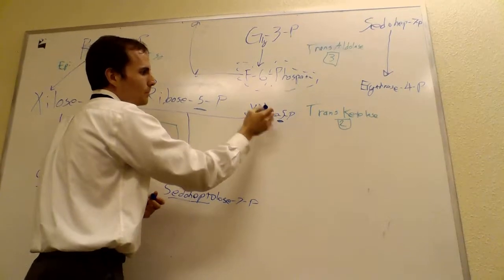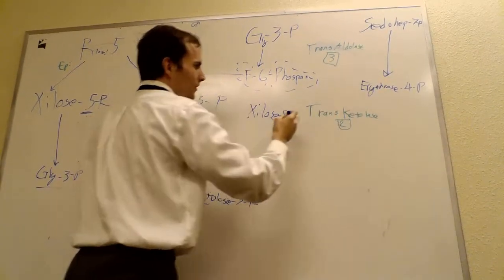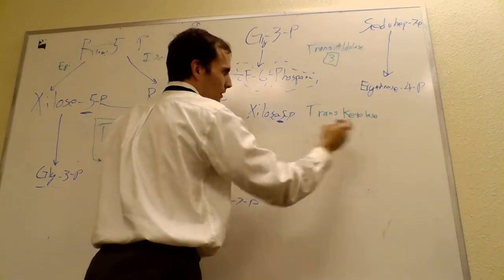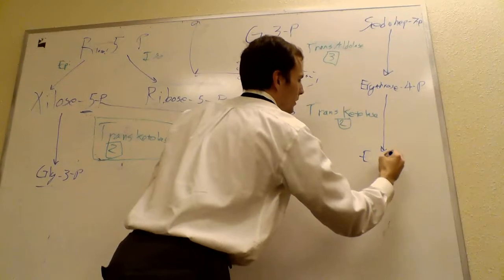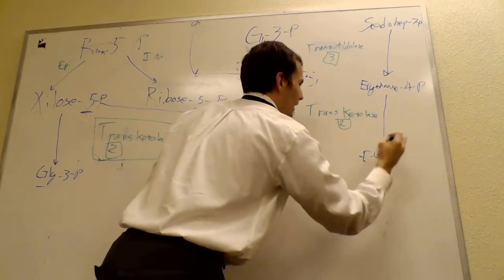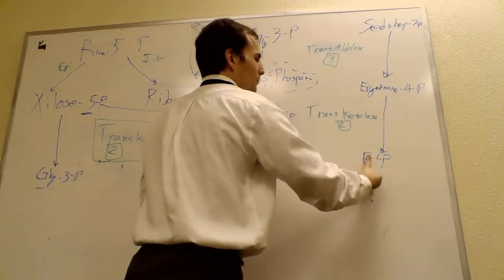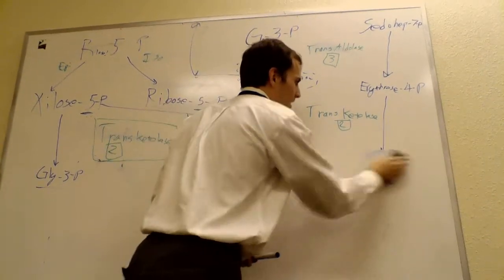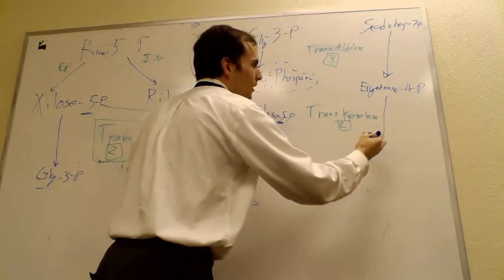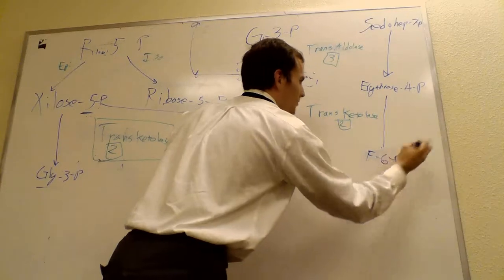Okay? So xylulose 5-phosphate is going to give 2 carbons to erythrose. Erythrose, I'm just going to put E4P. I am that person of lazy. All right. Erythrose 4-phosphate, then I'm going to erase that because it's changing into fructose 6-phosphate.